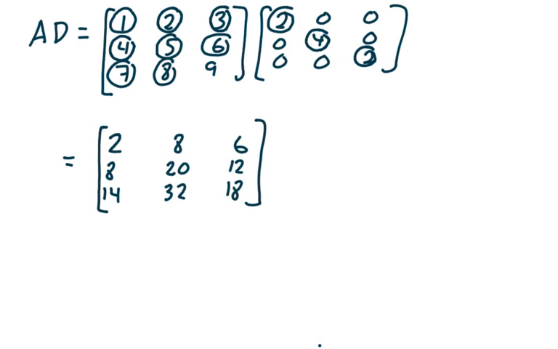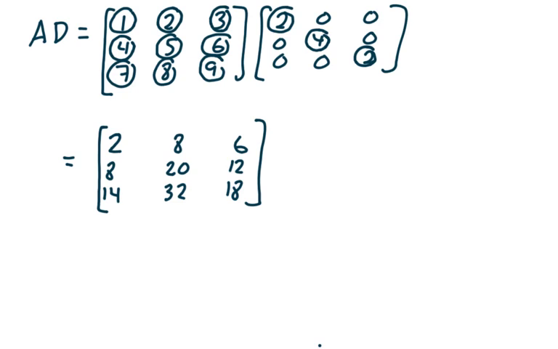So every entry in the second column of A got multiplied by 4 to get the second column of AD. And every entry in the third column of A got multiplied by 2 to get every entry in the third column of A times D. One more time.